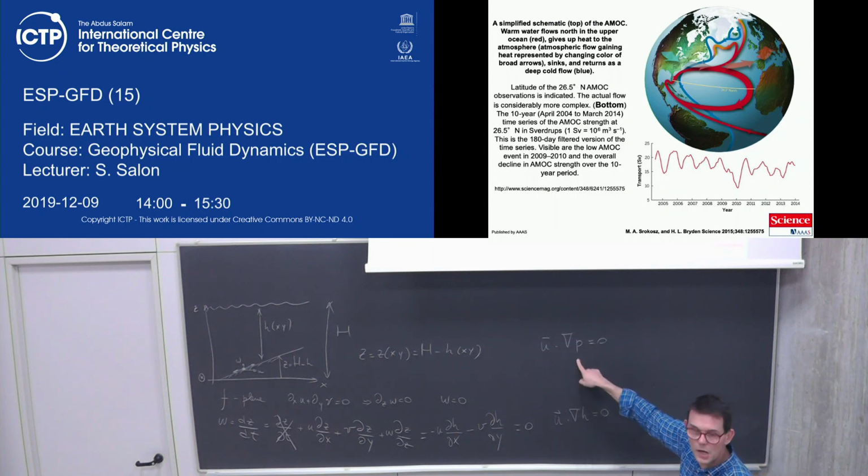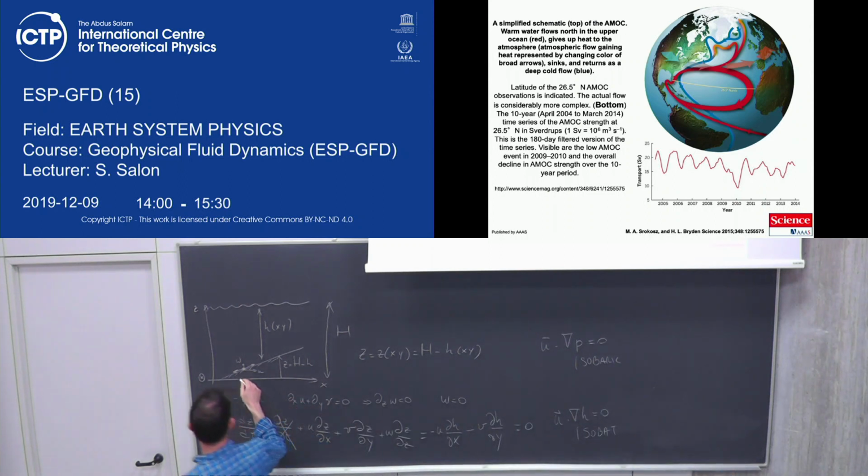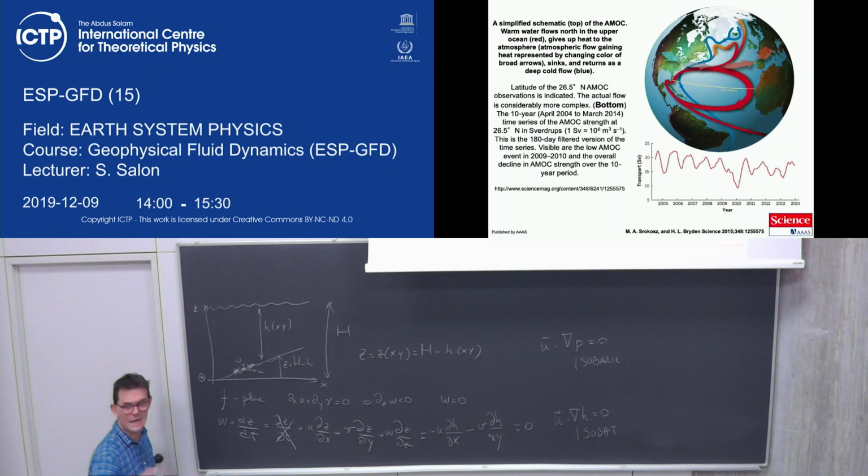Yeah. So geostrophic flows are not just isobaric, but they also follow the isobaths. So it means that they must be perpendicular to the line of equal depth. So this flow will never go here, but only here or here.